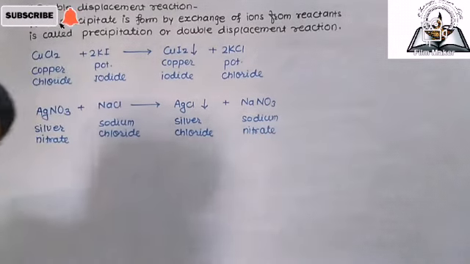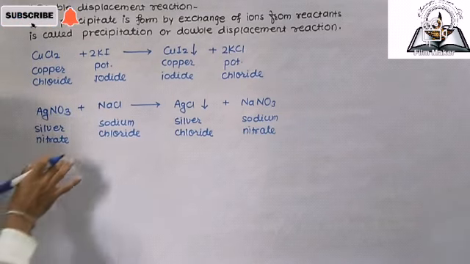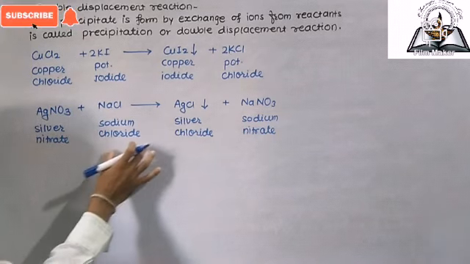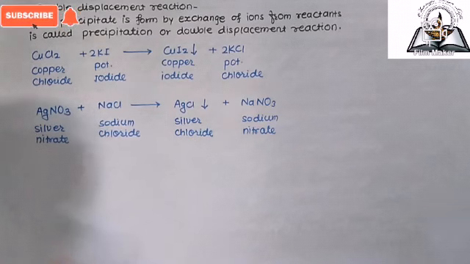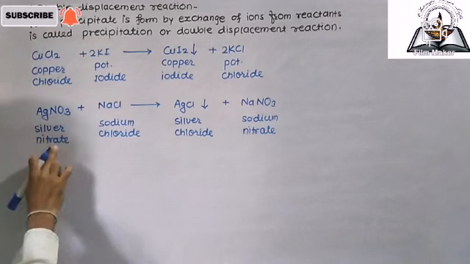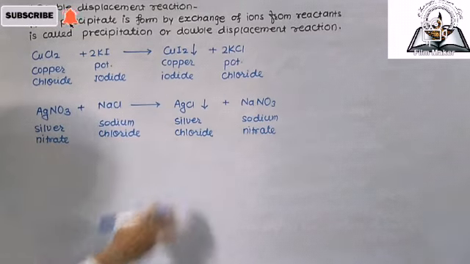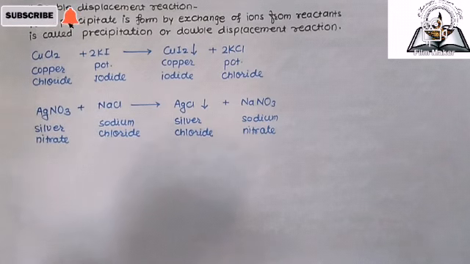So this is the chemical reaction where the exchange of ions gets converted to products. So AgNO3 reacts with NaCl and gets converted to AgCl plus NaNO3.